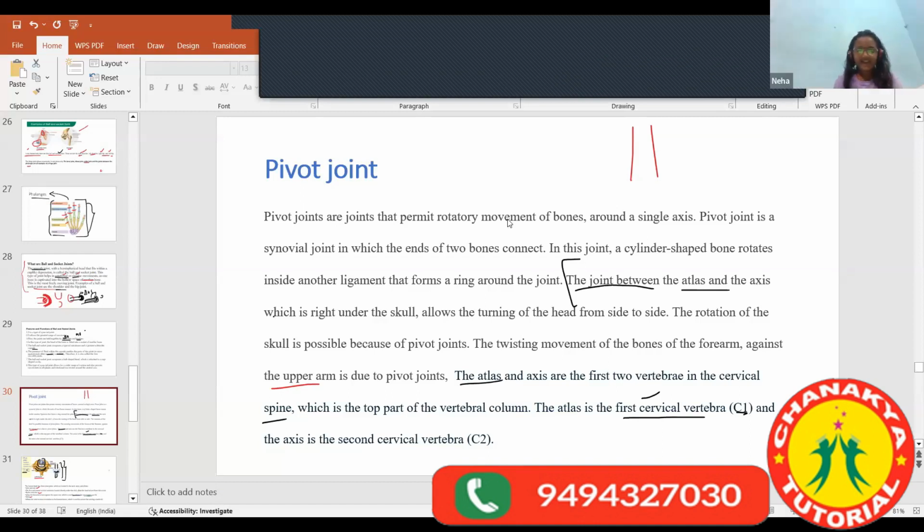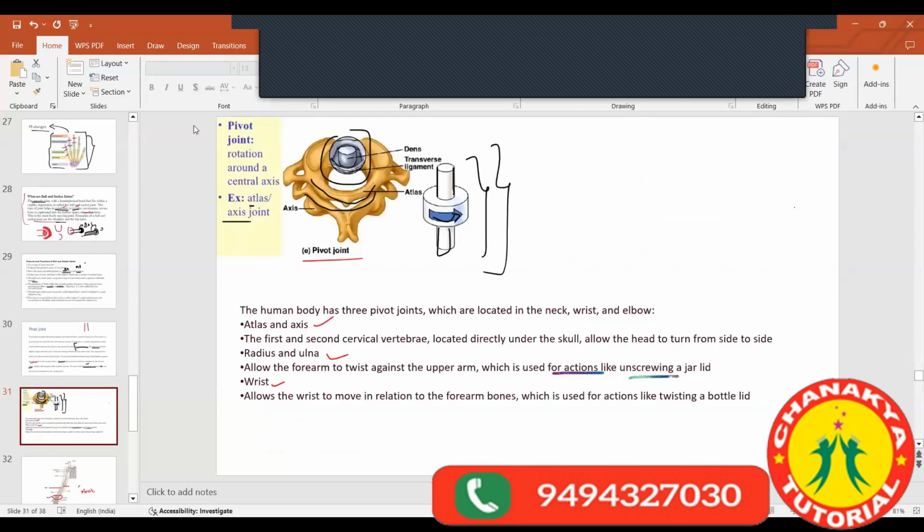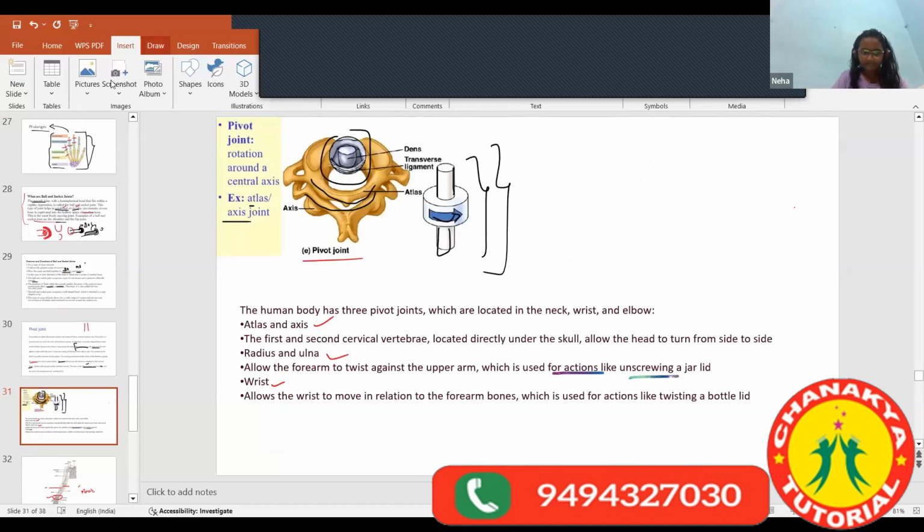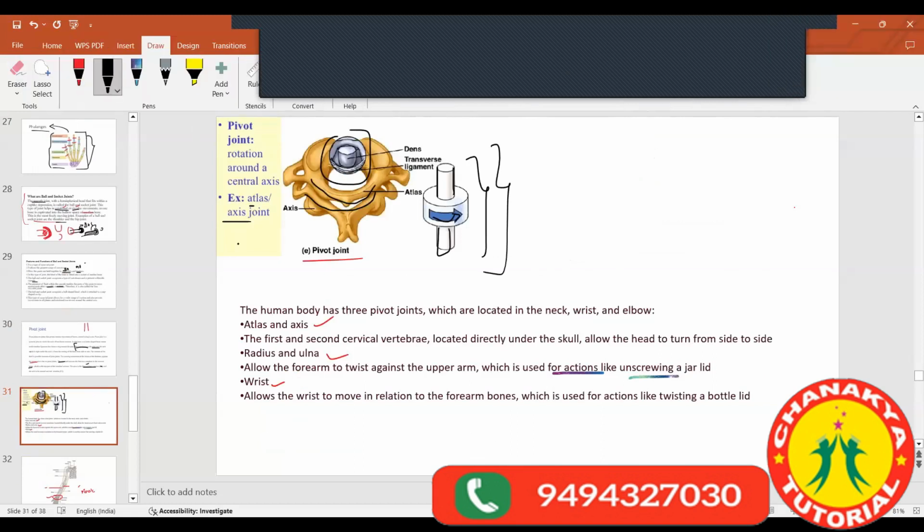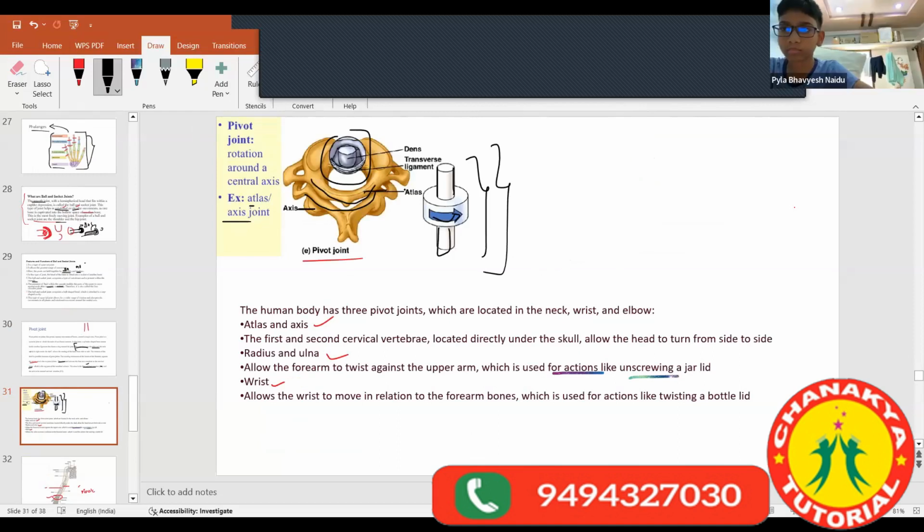Atlas and axis are the first two cervical vertebrae, right behind our skull. Yes, exactly. So this is the atlas and axis part. You can see this is the axis and this is the atlas.